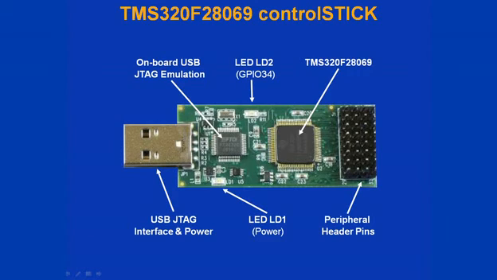LED LD1 illuminates when the board is powered, and LED LD2 is tied to GPIO 34. We will be using this LED as a visual indicator during the lab exercises. Some of the I/O lines from the F28069 device are pinned out to the peripheral header. We will be using the included jumper wire to connect various I/O lines on this header.